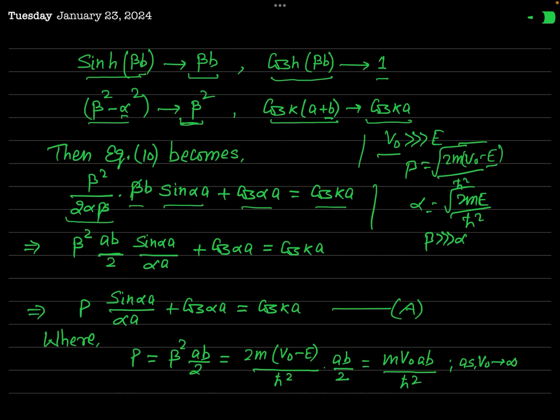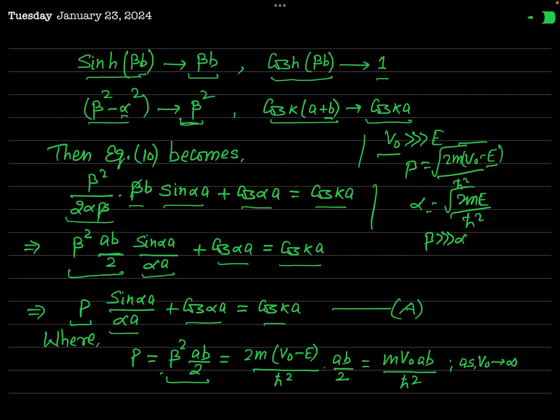So in the first term we have simply multiplied by a in both numerator and denominator and nothing else. Now this factor β²ab divided by 2 is written as P. I have written P equal to β²ab divided by 2. And so our result is P times (sin αa)/(αa) plus cos αa equal to cos ka. This is the simple form of that equation which has been obtained after the solution of the determinant.